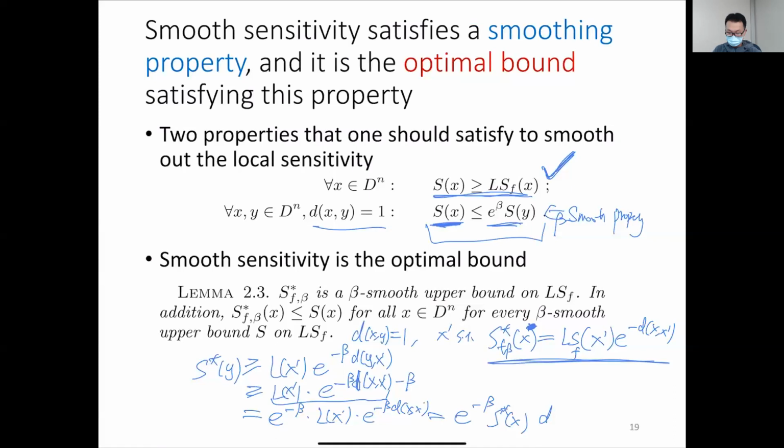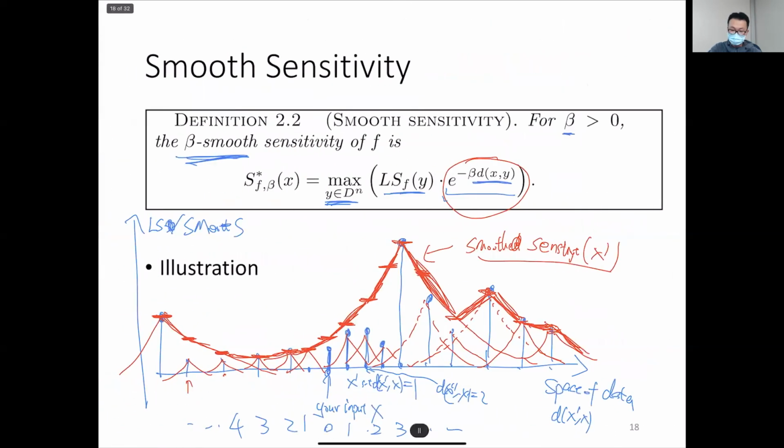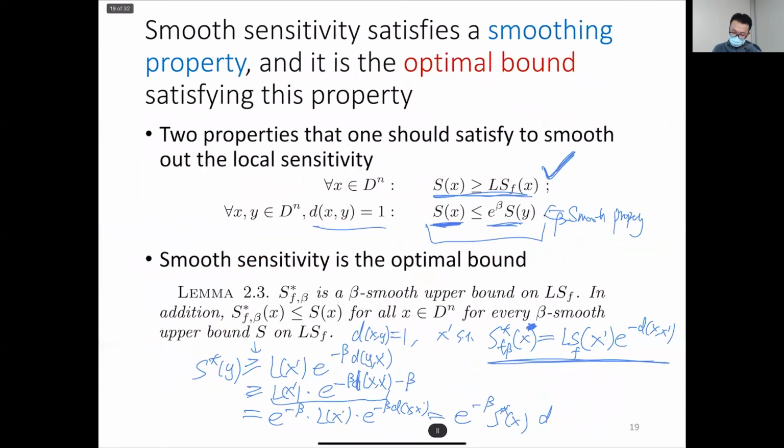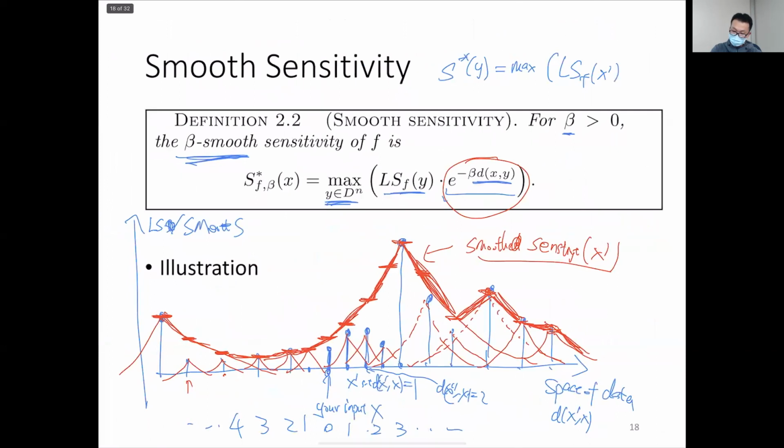Yes, question. Why is the smooth sensitivity of y larger than the local sensitivity at x prime times the negative exponential? Where's the first one? The first inequality. Okay, the first inequality is coming from the definition of smooth sensitivity. So S of y is equal to the maximum, right? And I can put the right hand side to be the local sensitivity of x prime times e to the power of minus beta d(x prime, y).